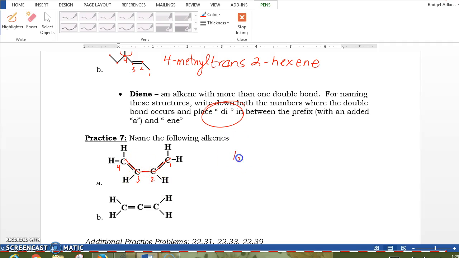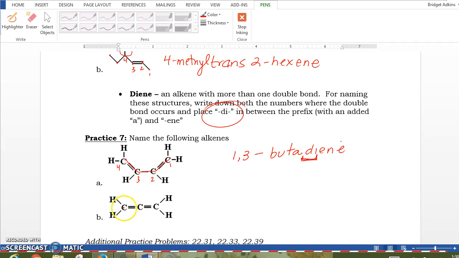So I would say 1,3, and this is but-, so that instead of being just butene, it's butadiene. So see how we kind of smush it in the middle? So we kind of add the A back in, because if it was just a 4 carbon double bonded, it would just be butene, but you kind of put the A back in there.